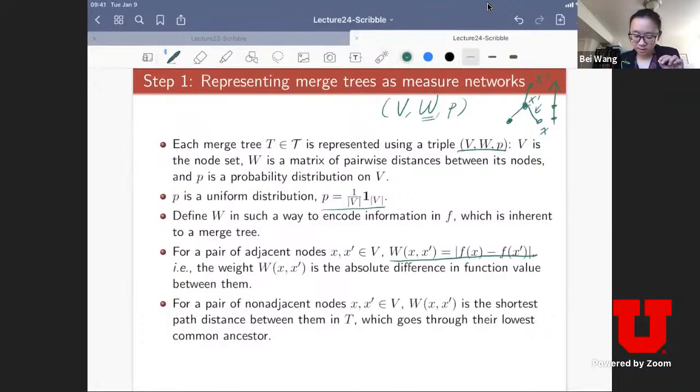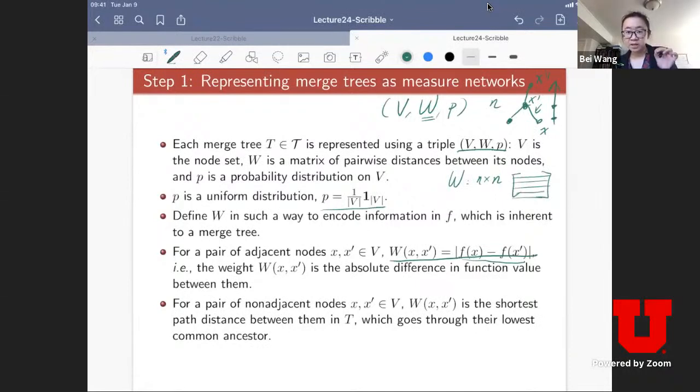Let's say this one has n number of nodes. So my weight matrix, W, is of dimension n by n, where each entry is a pairwise distance between nodes. Remember, if they're adjacent to each other, it's just their height function difference. If they are far away from each other, then it's the shortest path based on these weights. So this becomes a pairwise distance matrix.